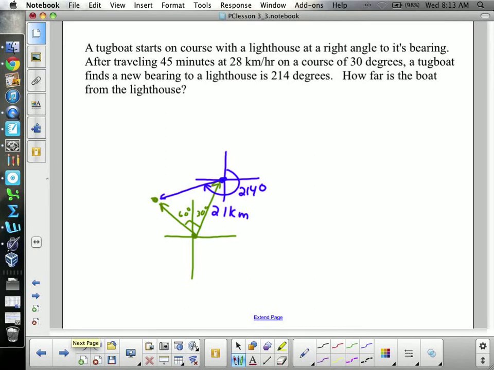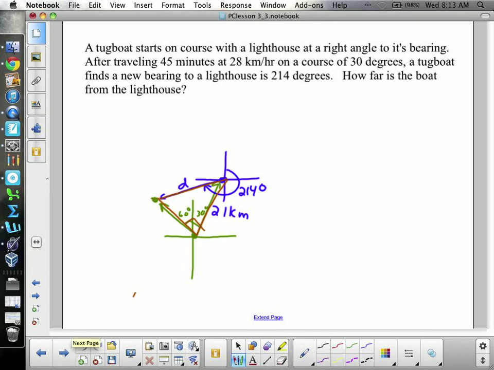How far is the boat from the lighthouse at this point? What's this distance? Now here's where it gets interesting. Because essentially what we have in here is a right triangle. There's a right triangle.